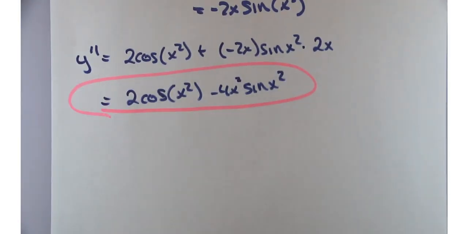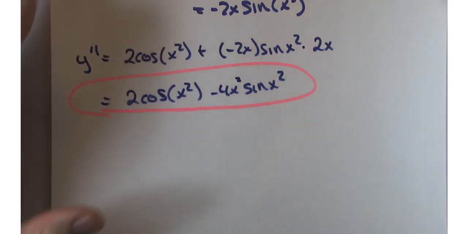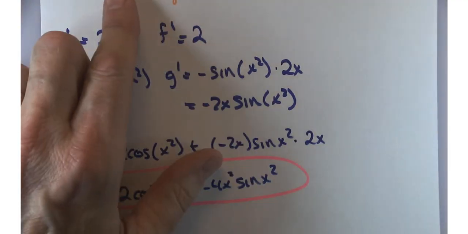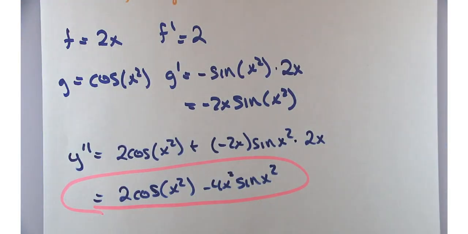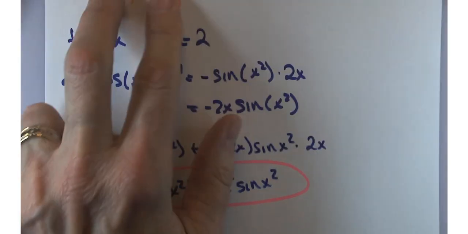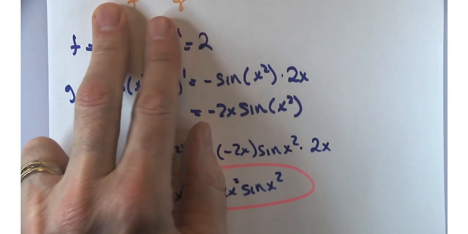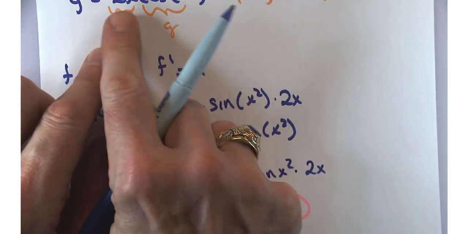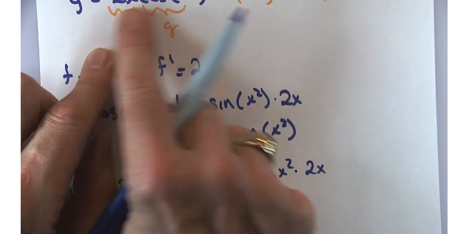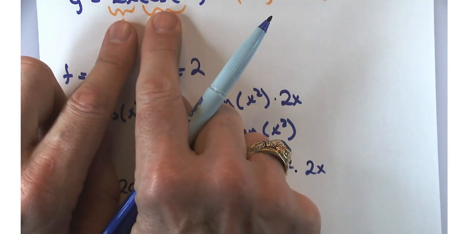Yes, sir. So how did you know, to recognize a function, whether you should use the chain rule or the product rule? Well, we actually used both in this one, didn't we? And this is the way I broke it down. You've got this function times this function. So that's the product rule.